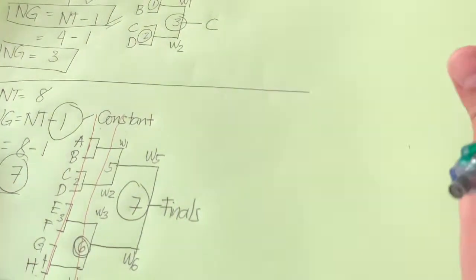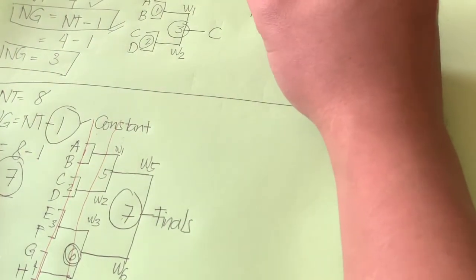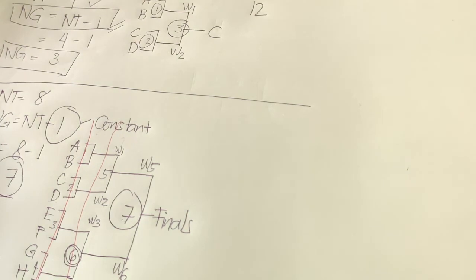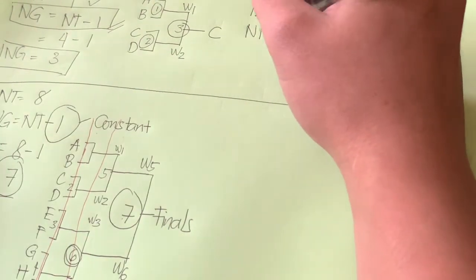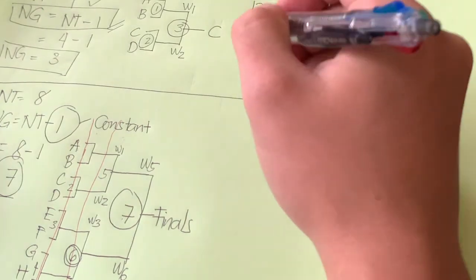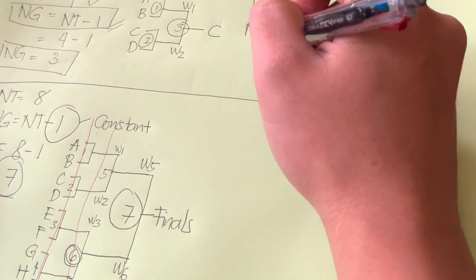Let's look at if the number of teams is 12. Applying this formula, number of teams minus 1, it will be 11.